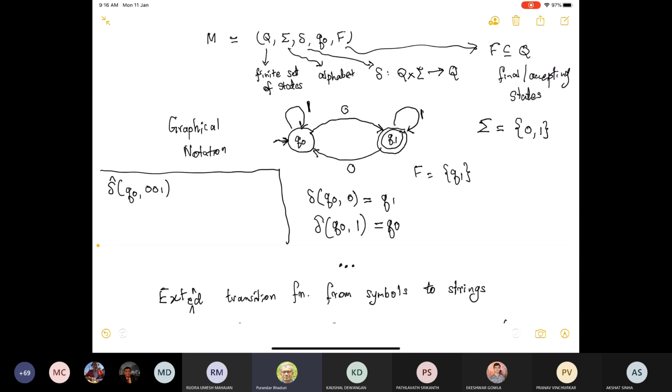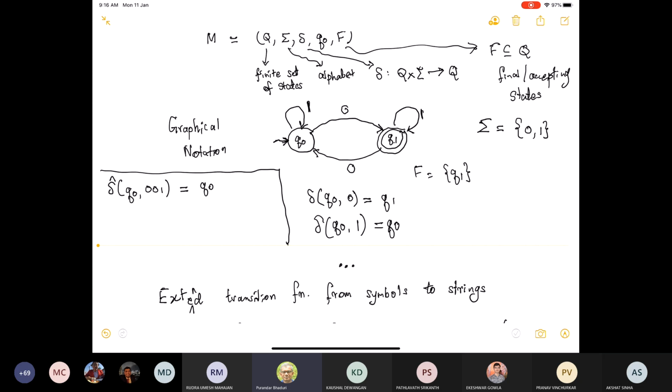So for this example, this is nothing but Q0. And of course, you should unwind the definition to see that this is indeed the case.